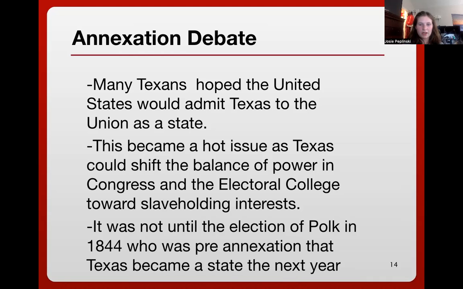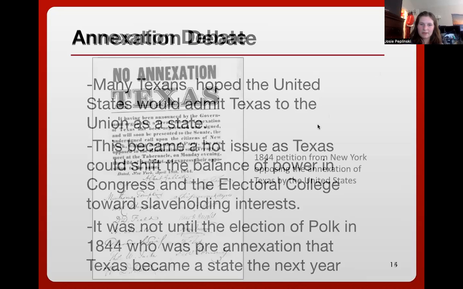It was not until the election of Polk in 1844, who was pro-annexation, that Texas became a state in the following year. That's supposed to say pro-annexation. Annexation means becoming a state.